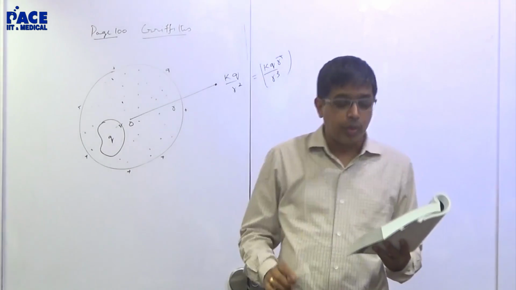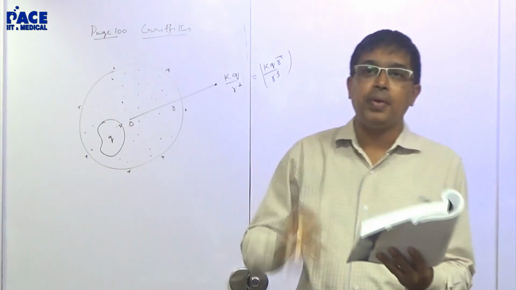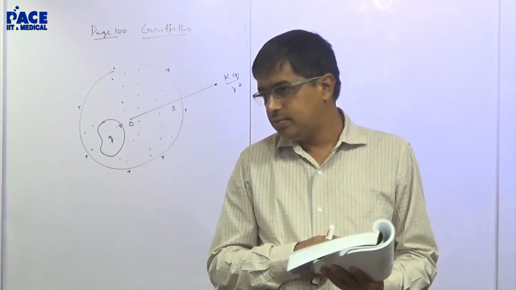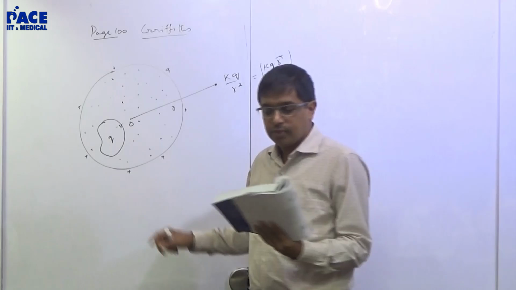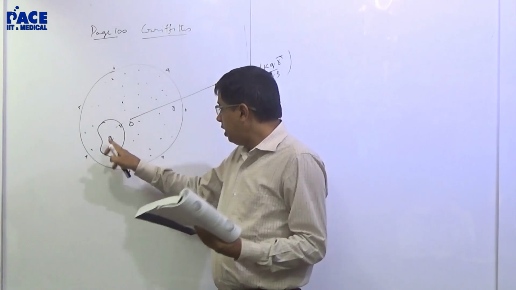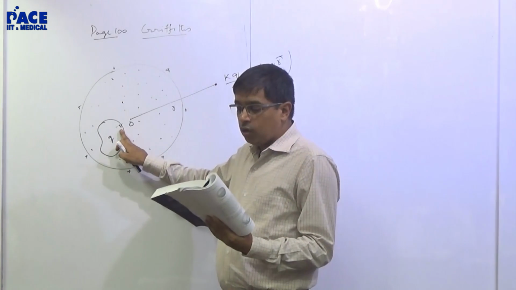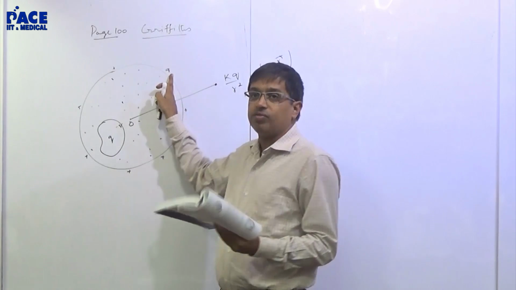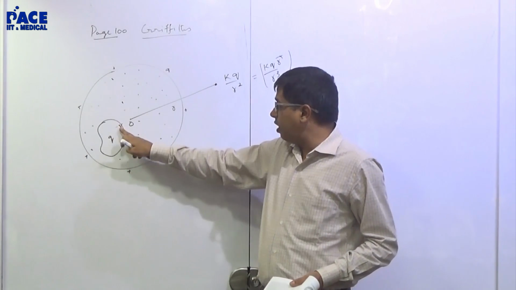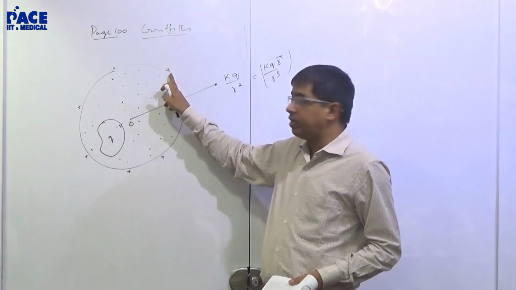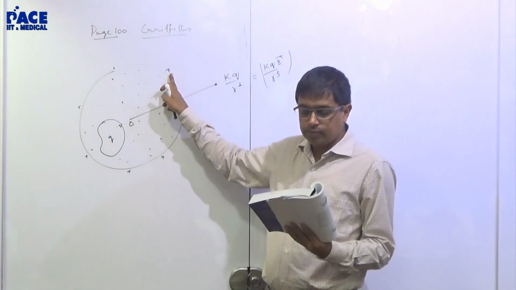It may occur to you that this argument is open to challenge. What is this challenge? There are actually 3 fields at work: E because of Q, E because of the induced charge, E because of the leftover charge.